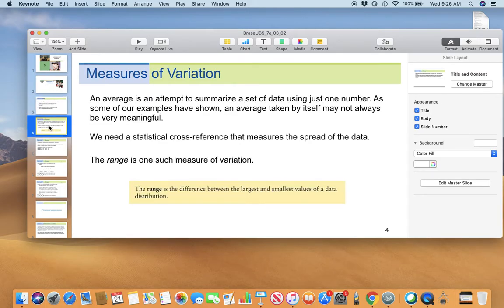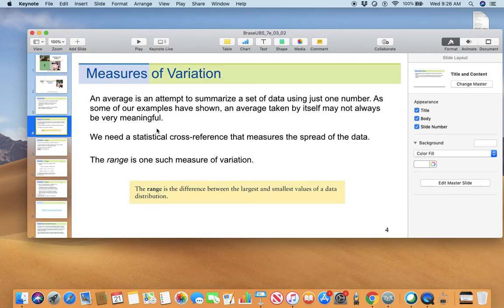An average is an attempt to summarize a set of data using just one number. So be it a mode or a mean or a median, you are trying to understand data using just one number. As some of our examples have shown, an average taken by itself may not always be very meaningful.